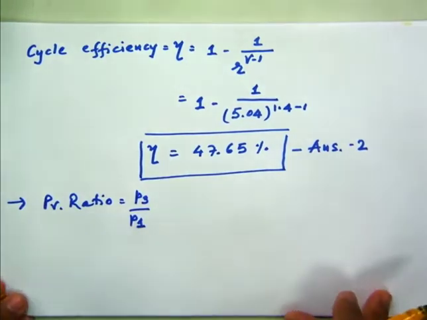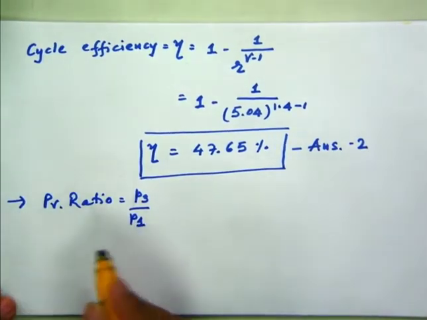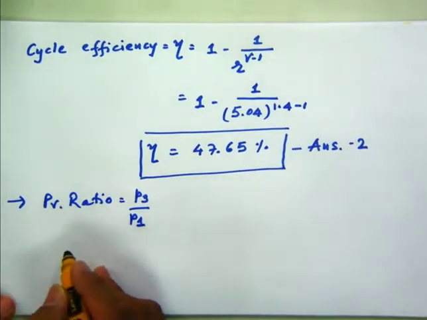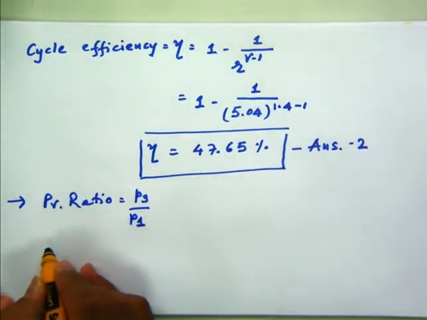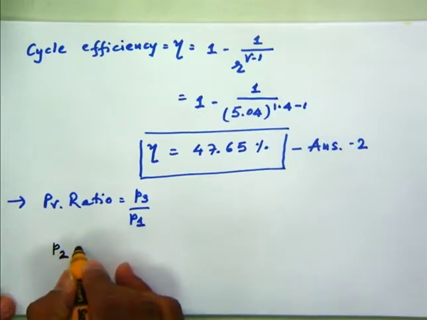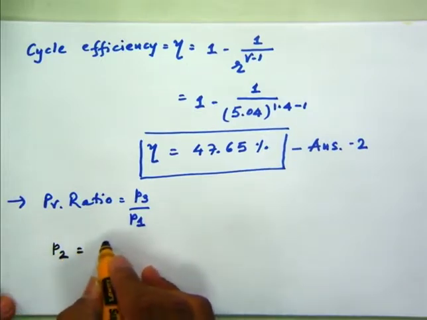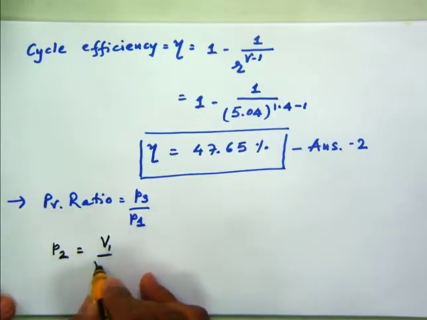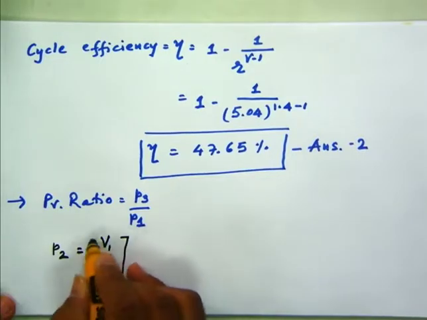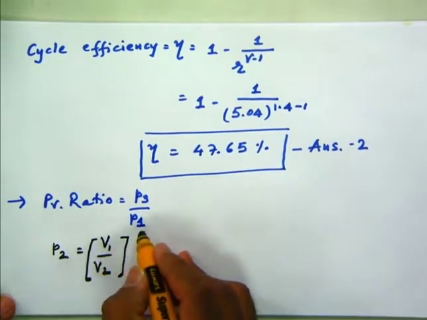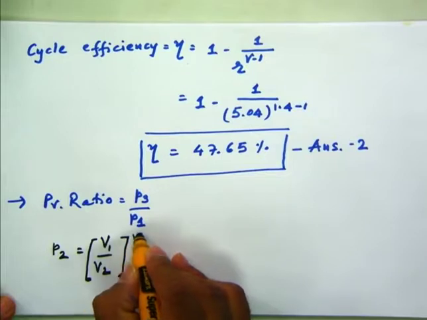Let us go to find out this. P2 is equal to V1 upon V2 raised to gamma.